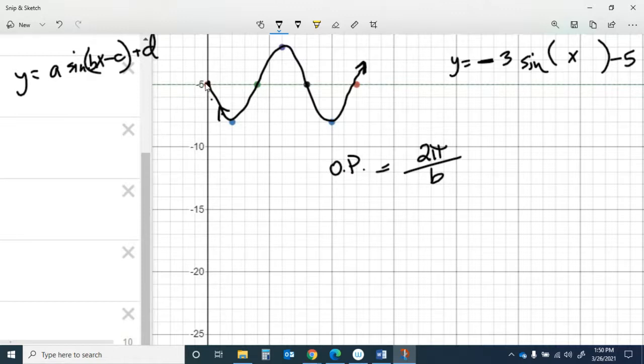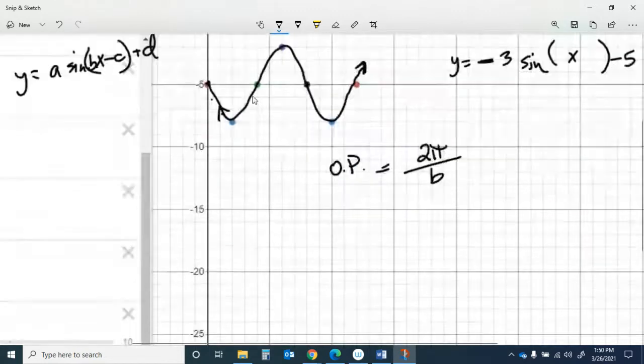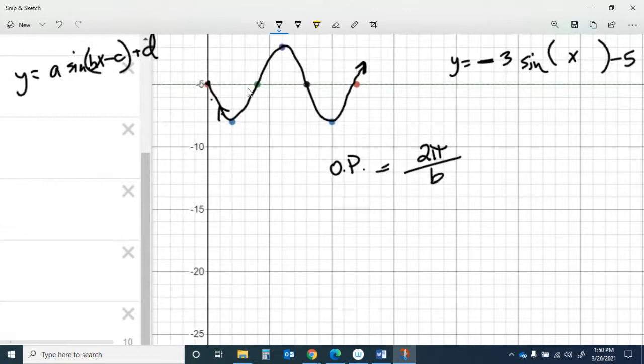How far is this? That's -5, 1, 2, 3, 4. -5, 4. And -5, 8. So it finished its cycle in 8 units. So the observed was just straight up 8 units.